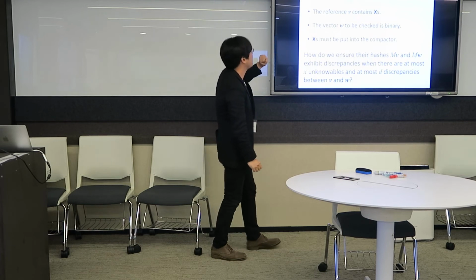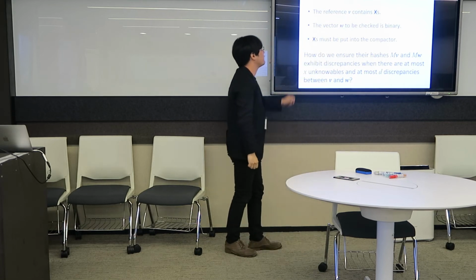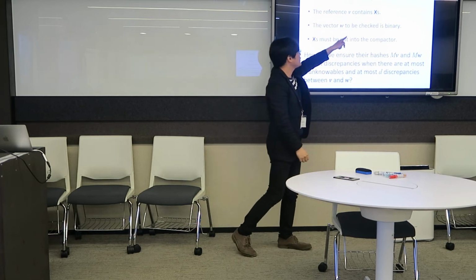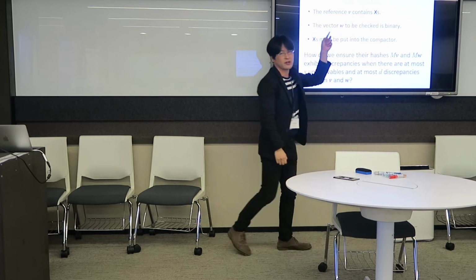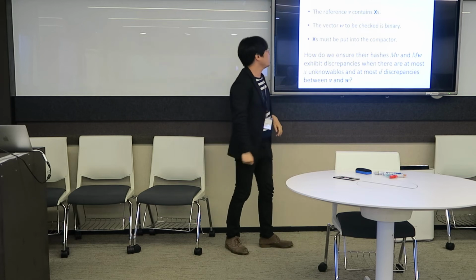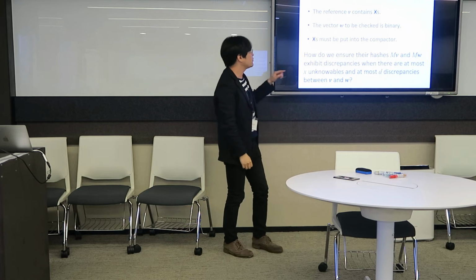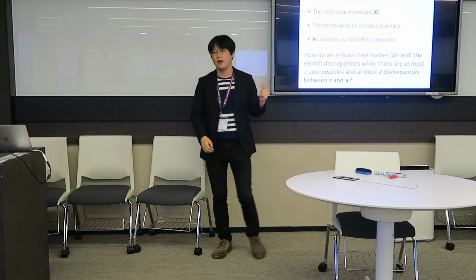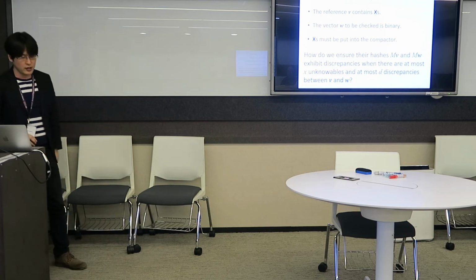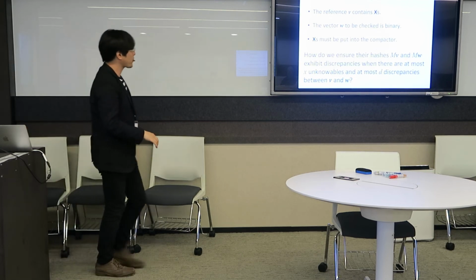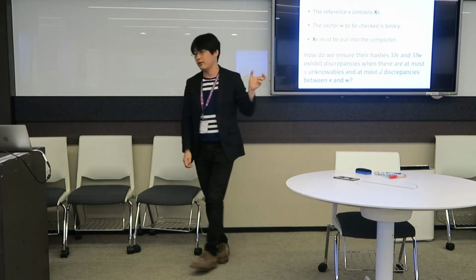But the point is that the reference vector V contains X's, and the vector W should be checked. It's also binary, and it doesn't contain X. And these X's in V must be put into the compactor, which means you have to use these X's when you hash the long vector.